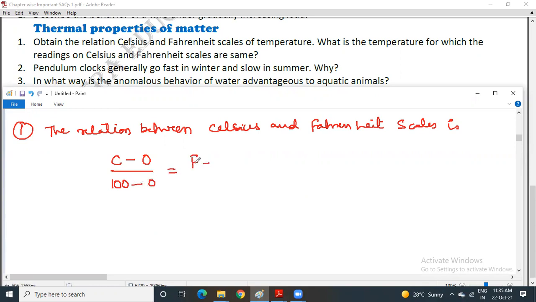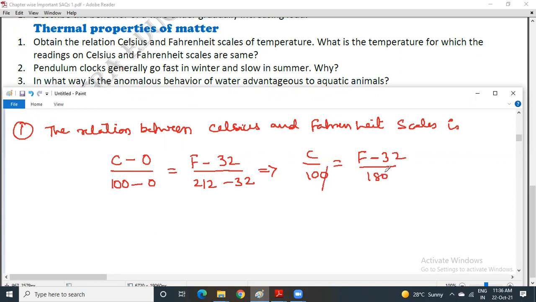Coming to the Fahrenheit scale, lower fixed point is 32 Fahrenheit, upper fixed point is 212, and again lower fixed point is 32. So this can be written as C by 100 is equal to F minus 32 divided by 180.